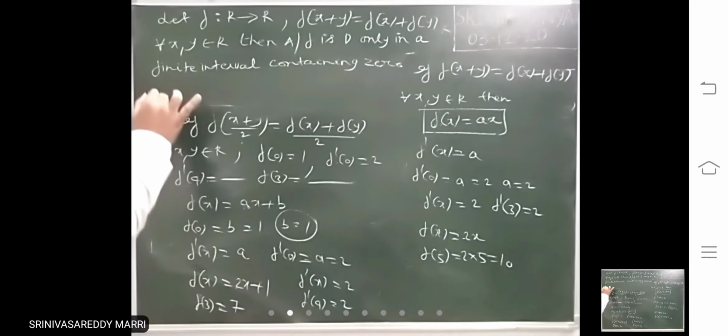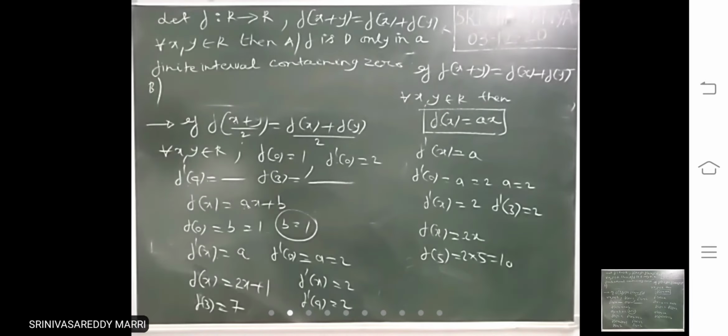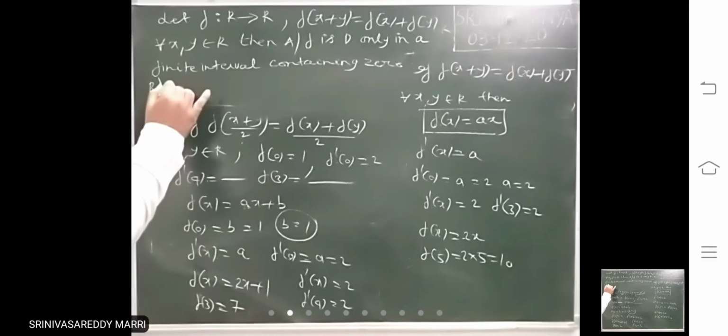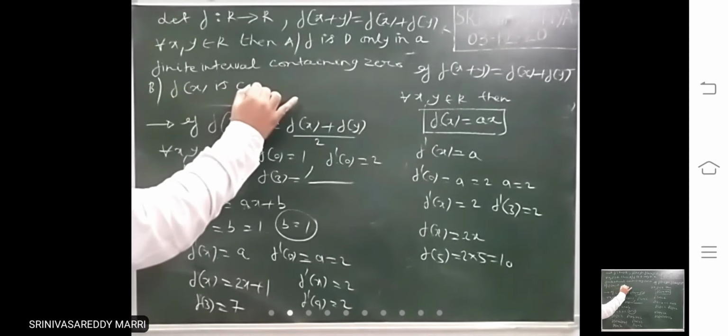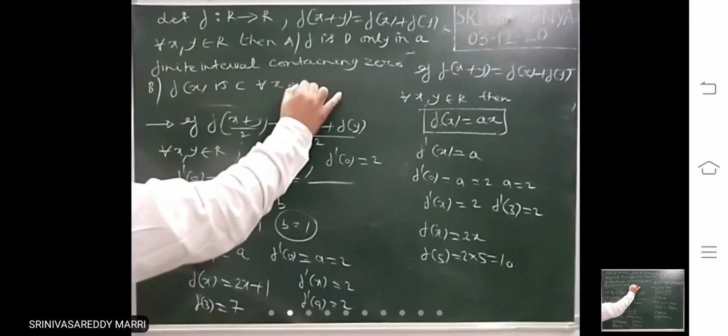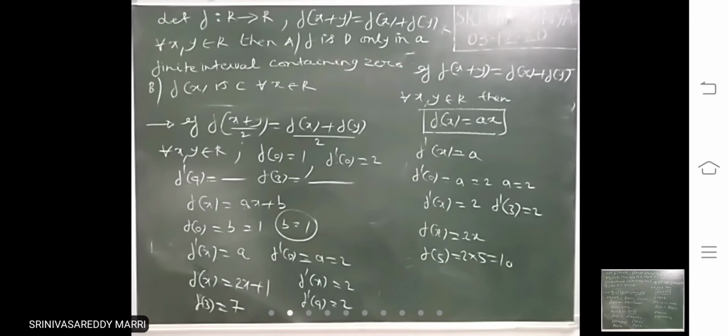The first option is given like this, containing 0. So the second option is continuous for all x belongs to R.